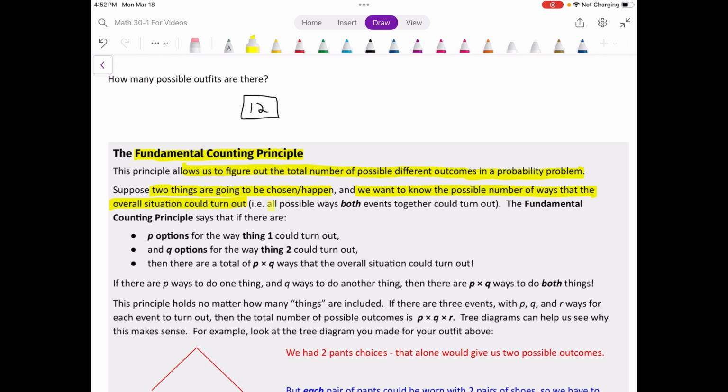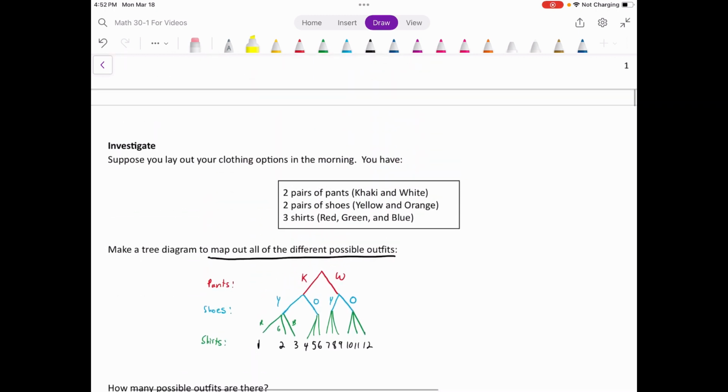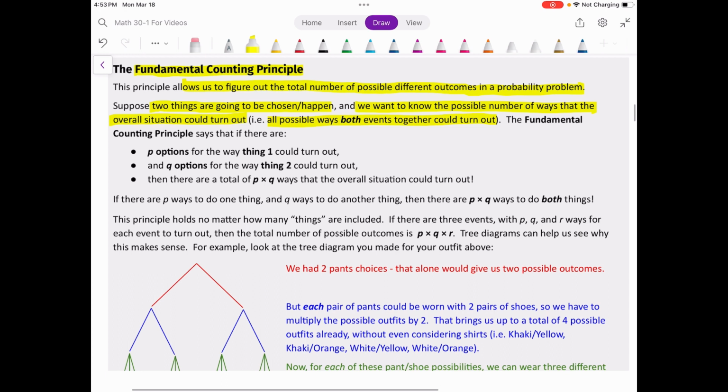In other words, all possible ways that both events together could turn out. Again, here we're doing 3 things. We're choosing a pant, choosing shoes, and choosing a shirt, right? So overall, that's 3 separate events or choices. We're wondering how many ways could the entire situation turn out, right?